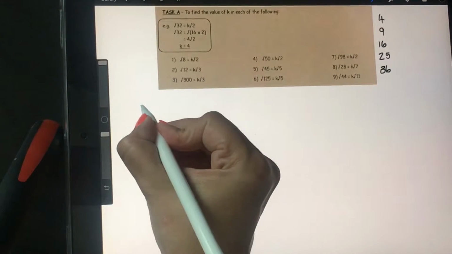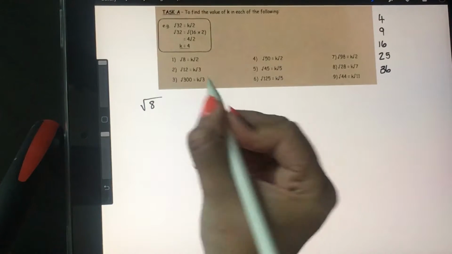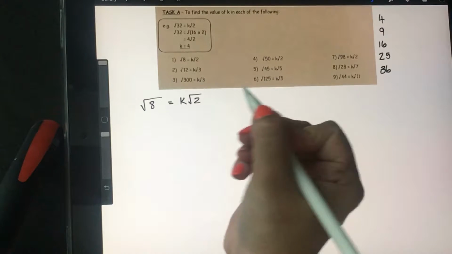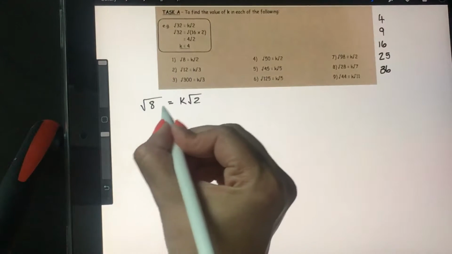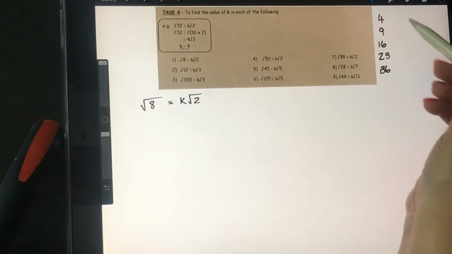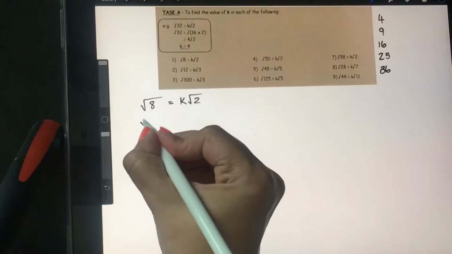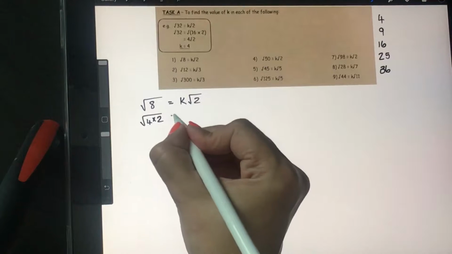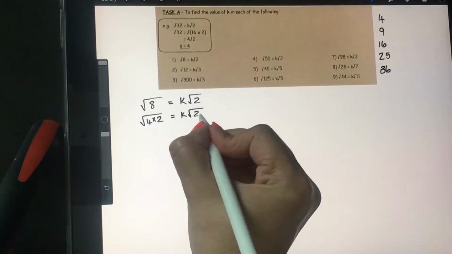Right, so if we take root 8 for example, root 8 is equal to k root 2. The biggest square number that can divide into 8 is 4. So we are going to say 4 times 2 equals 8, and that is equal to k root 2.